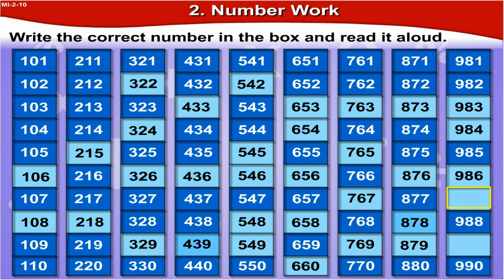And after 986 we have 987, that is 987, so write it in the box. And after that we have 988, then again a box. Post 988 we have 989, that is 989, so we'll write it in the box. And in the end we have 990.